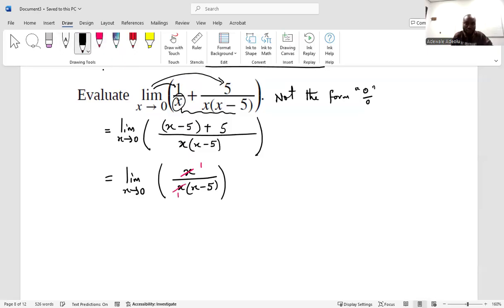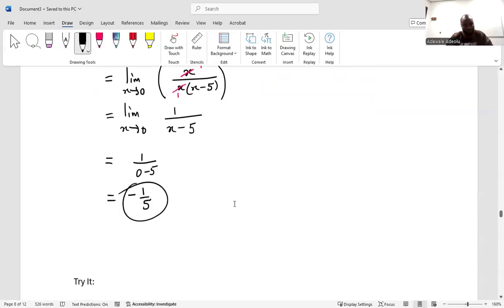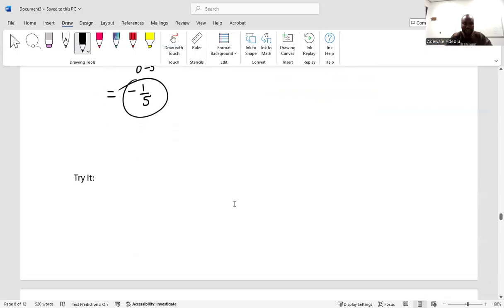So I do have the limit as x goes to 0 of 1 over x minus 5. And now I can apply the limit laws. So by putting in this 0 there, that is 1 over 0 minus 5. And my answer is negative 1 over 5. Or 1 over minus 5, which is minus 1 over 5. So, not bad, right?